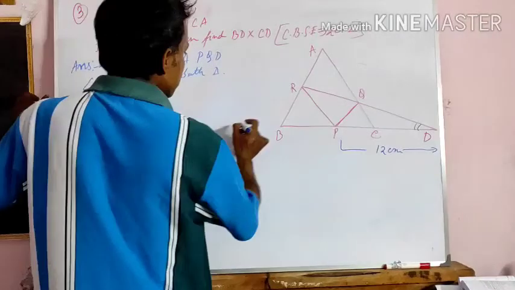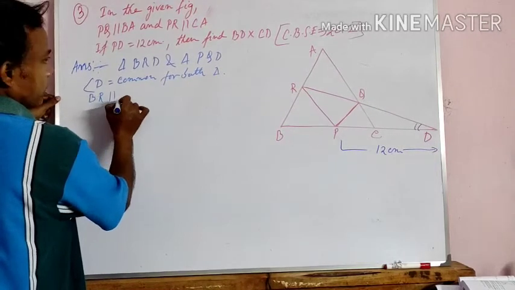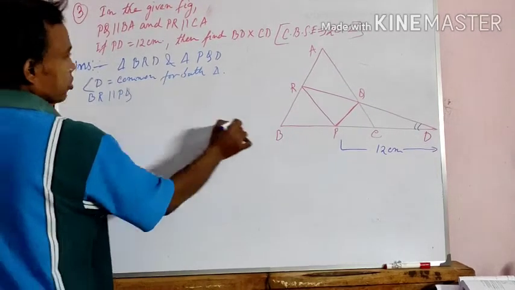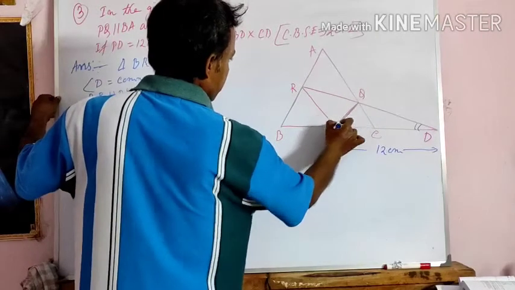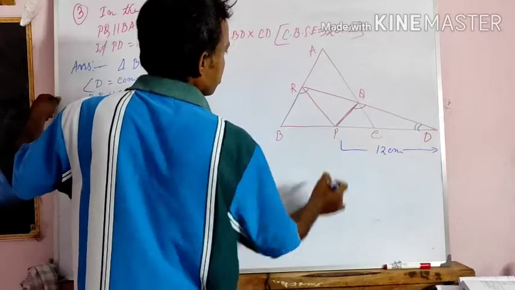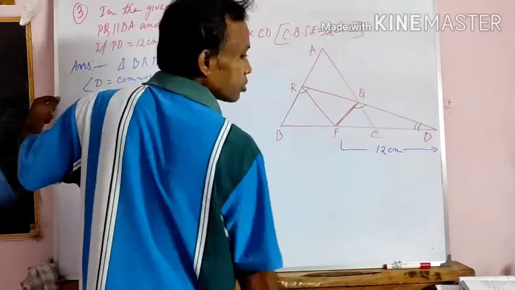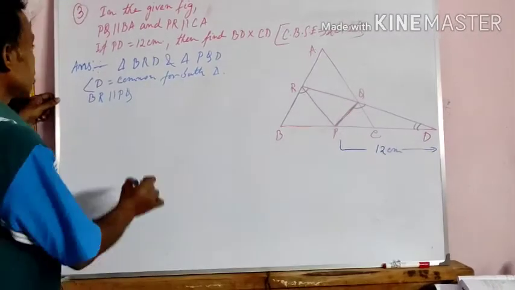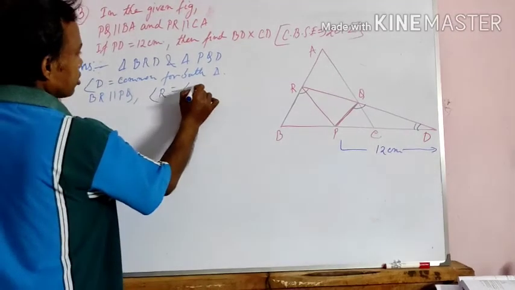And since BR is parallel to PQ, this angle is equal to this angle, corresponding angles, with RD the transversal. Therefore angle R is equal to angle Q.